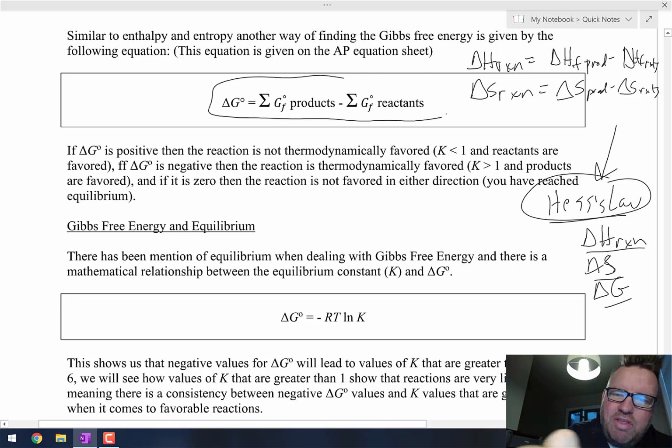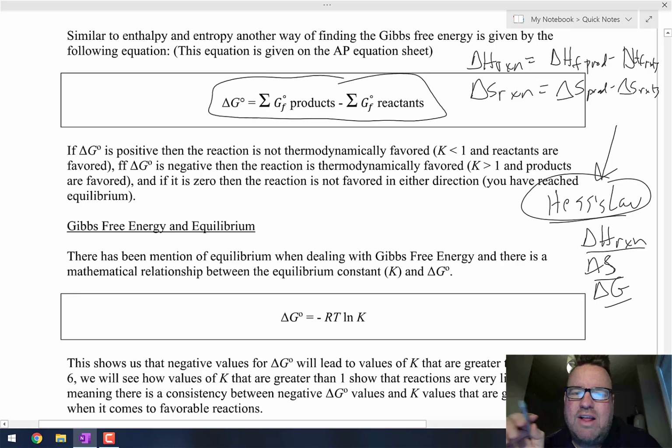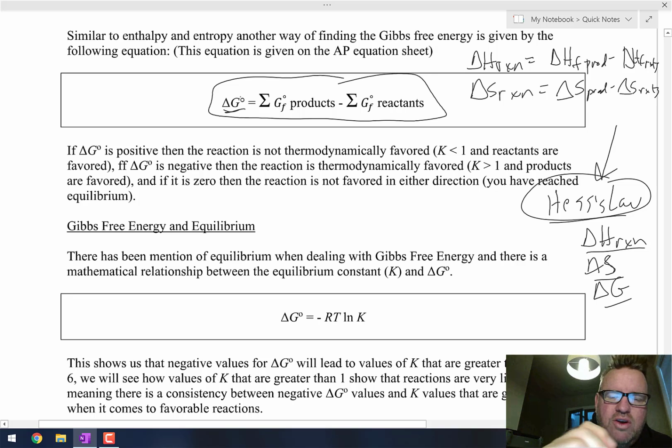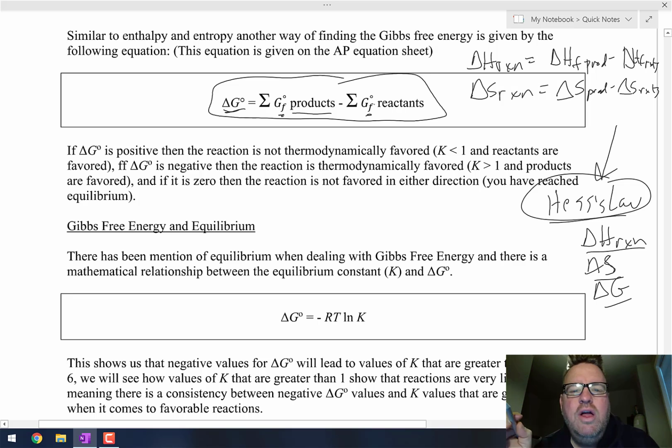And now we have our third equation that looks exactly like the other two: you can find the Gibbs free energy, or the delta G value, by using the Gibbs free energy of formation of the products and the Gibbs free energy of formation of the reactants.